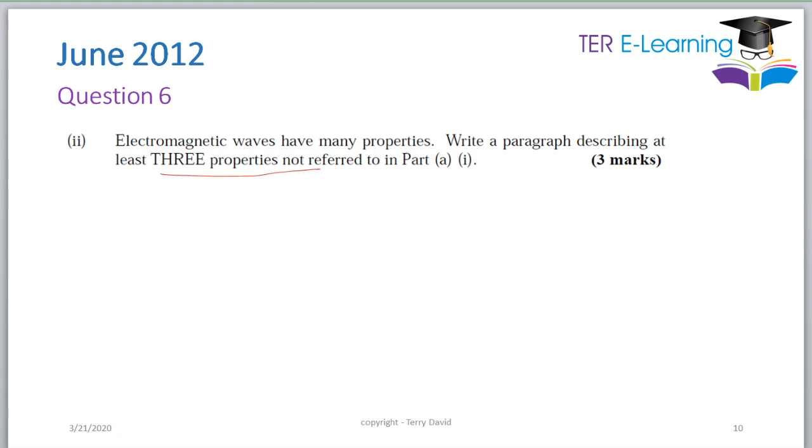So basically they want three properties. So we can say they can travel through a vacuum, right?